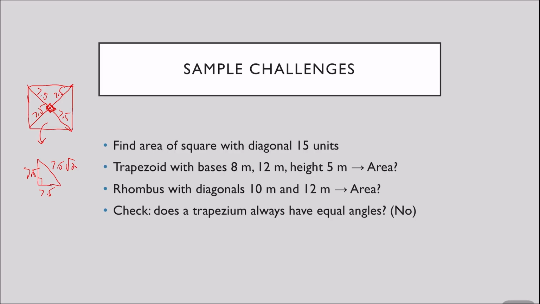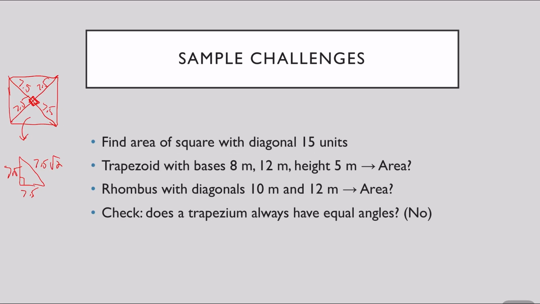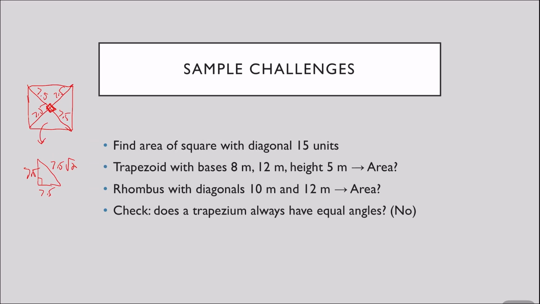And what we are being asked for is the area of this square. Since we made 4 triangles, you can simply get the area of one triangle and multiply it by 4, because area is basically just additive of those 4. So 4 times the area of the triangle, which is 1/2 base times height. So 1/2 times the base, which is 7.5, and the height is 7.5.